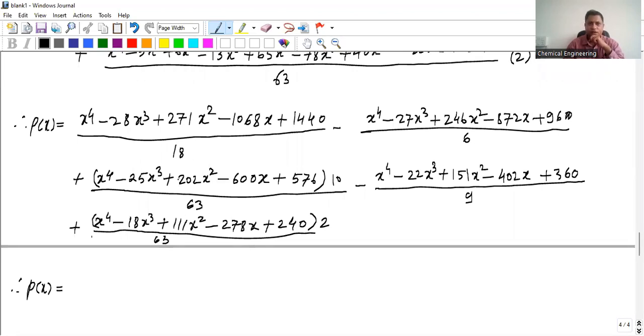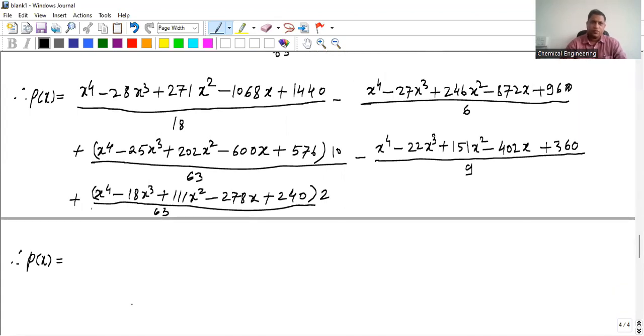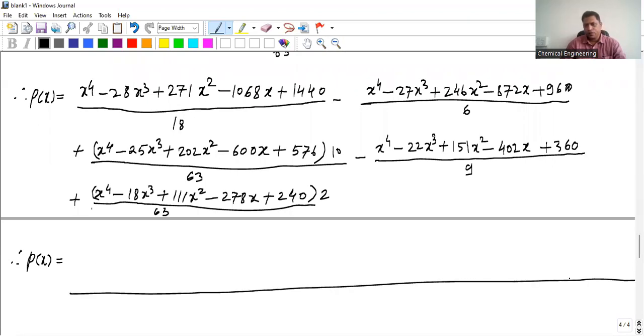What will be the LCM for 18 and 63? It is going to be 126. Okay, so if I have 126 as the denominator, then how much do we have to multiply here?